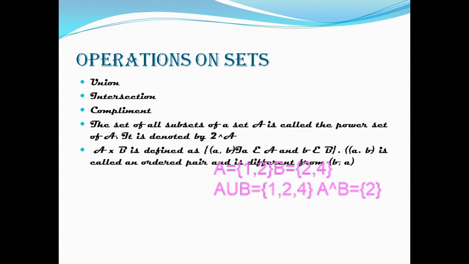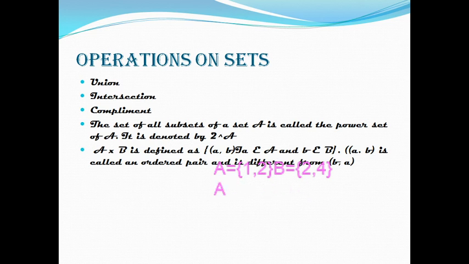AND means it contains the common elements. That means if A intersection B contains 2, it is in A and also in B. That is, A intersection B contains the elements which are both in A and in B. Okay, that is A intersection B.